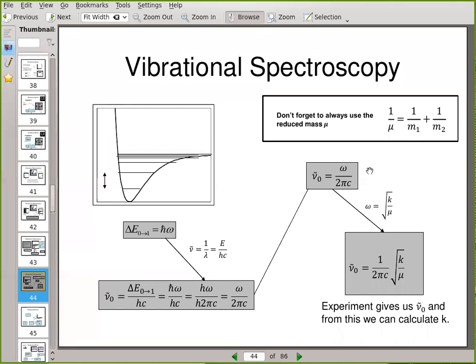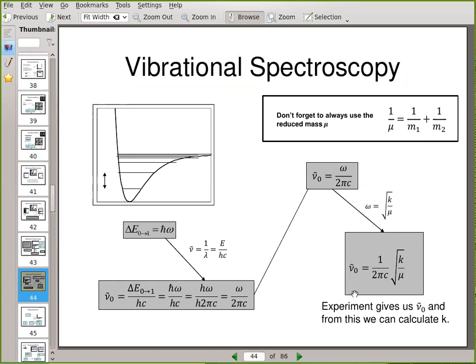That K is very important to us. And of course, mu, don't forget that if you've got a diatomic, you just need to know the mass of the two particles to calculate mu. And we can, from experiment, if you get mu naught, then we can work our way back to find what K is.